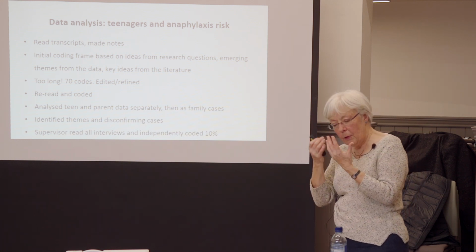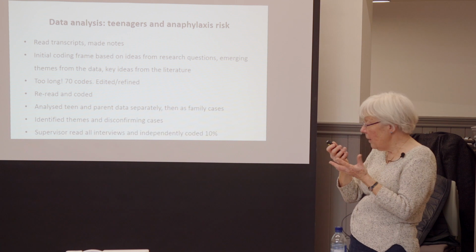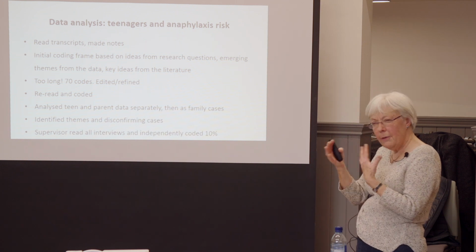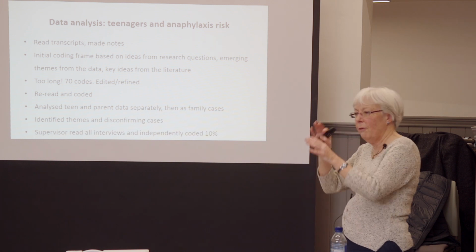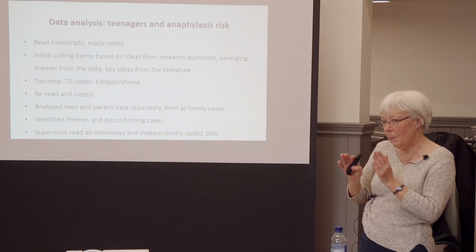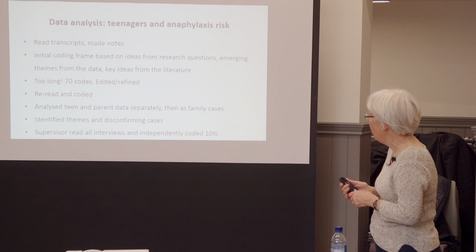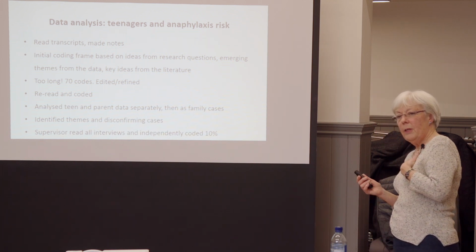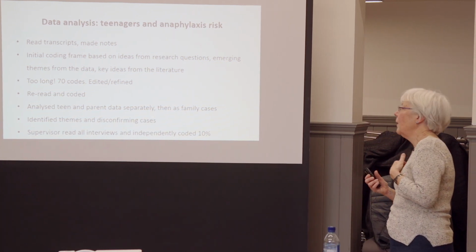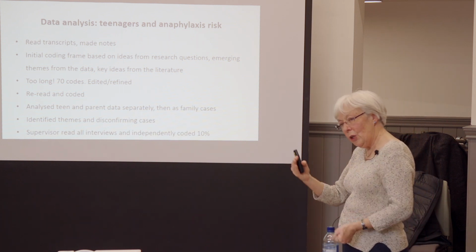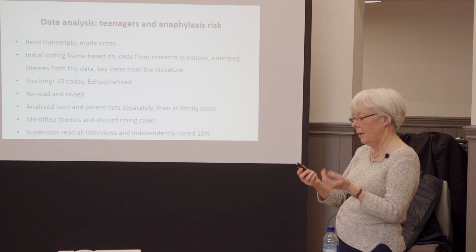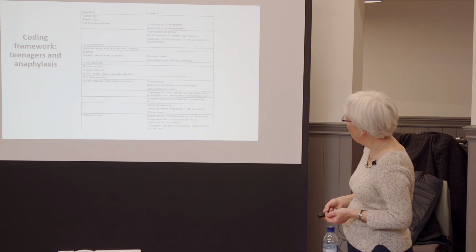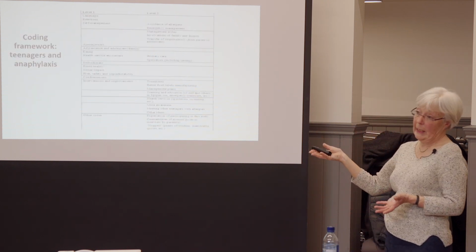And we identified both themes, the things that they had in common, and things that kind of disagreed with that, what we tend to call disconfirming data. So you can have one great idea, but maybe a couple of people say something completely different. And I read all the interviews independently, and then independently coded 10% of them using Michael's coding framework, and then we conferred.